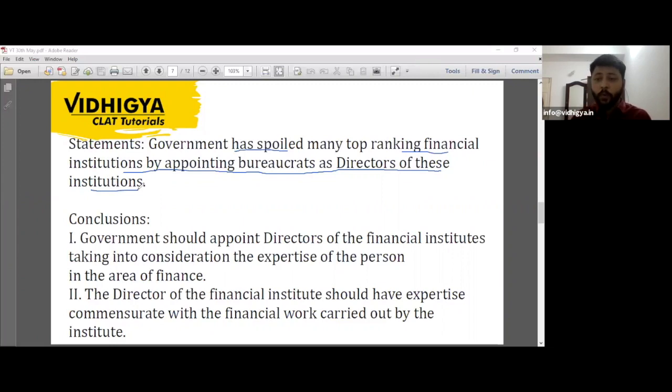So no one from the specific field of finance has been given the role of director of these institutions, and this eventually ended up in these financial institutions getting spoiled. All right, so this was the scenario which is given to us.